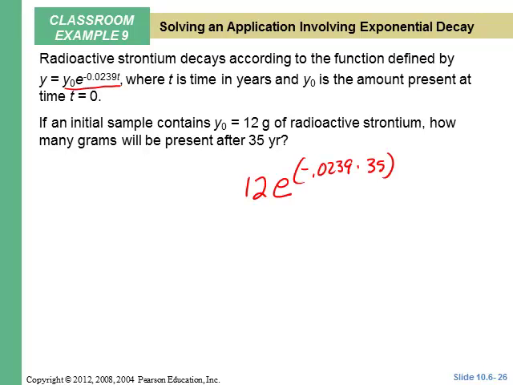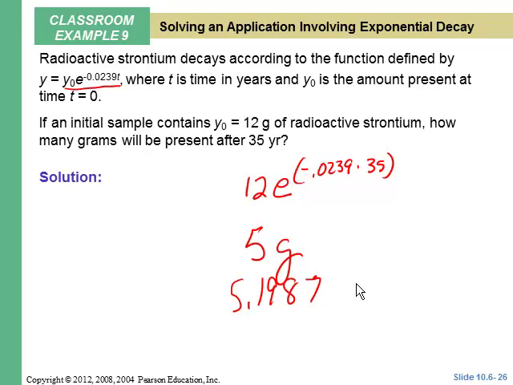So on our calculator, we'll press 12 times e to the negative 0.0239 times 35, close parentheses, and we get about 5 grams, 5.1987 grams.